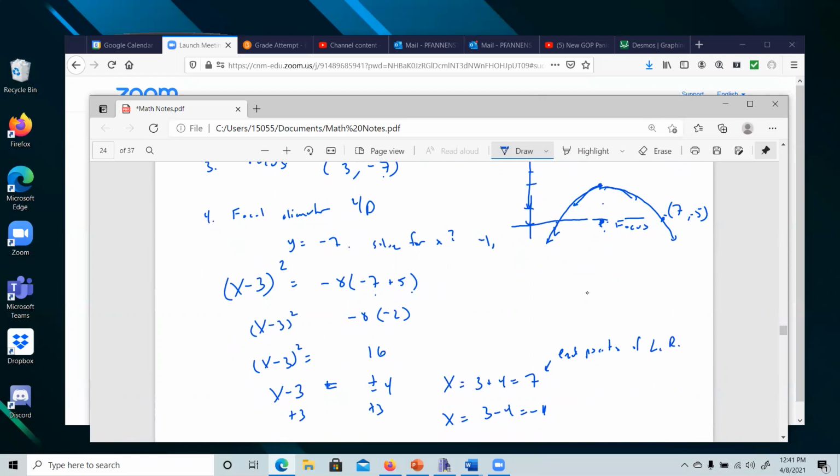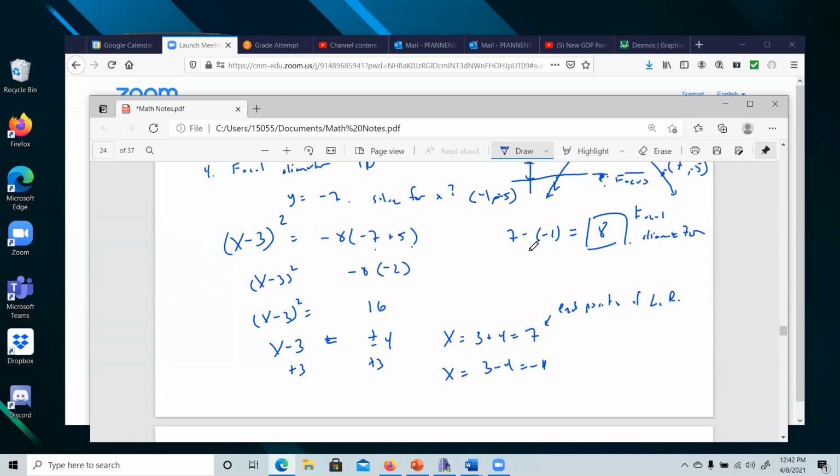So we have -1, -5. Okay, once I get more information, we'll be able to do that. So 7 minus -1 is equal to 8. Focal diameter distance is 8. Okay, and we got the latus rectum in the same breath, so great.